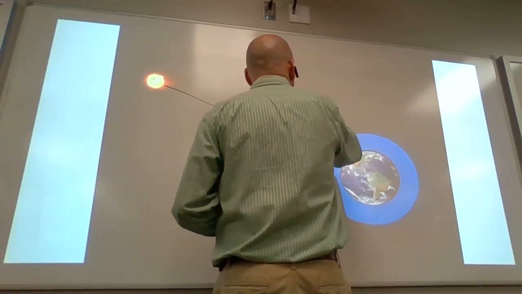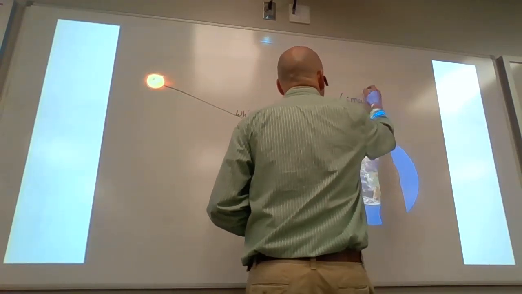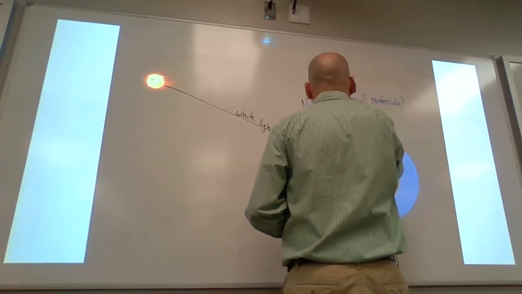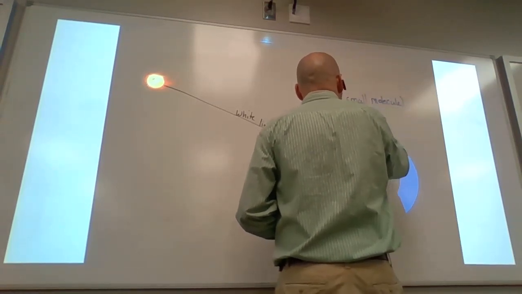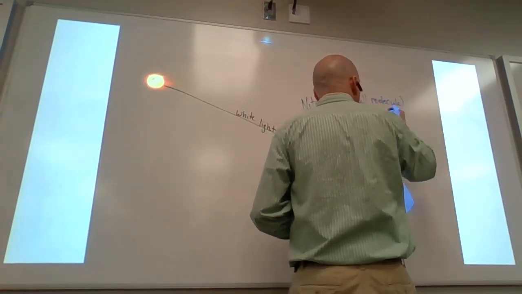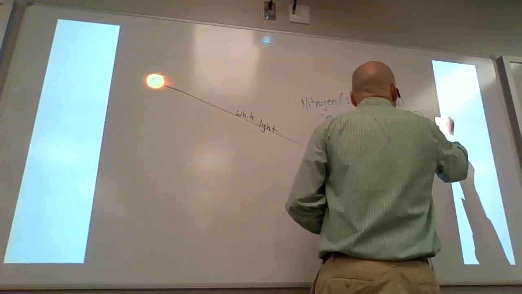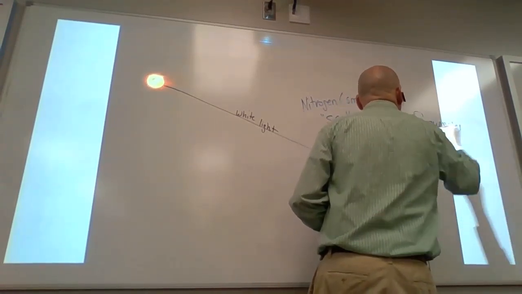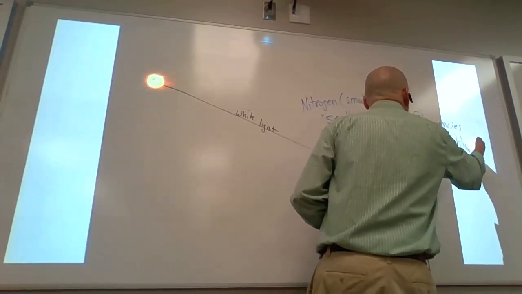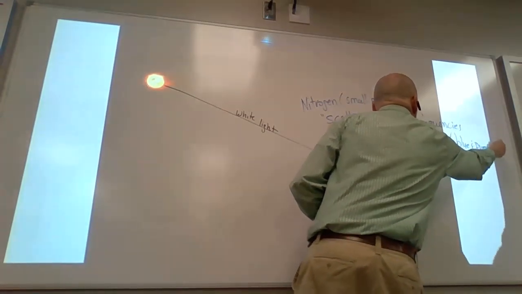So nitrogen scatters, that's the verb we use, scatters higher frequencies of light into blue and purple.